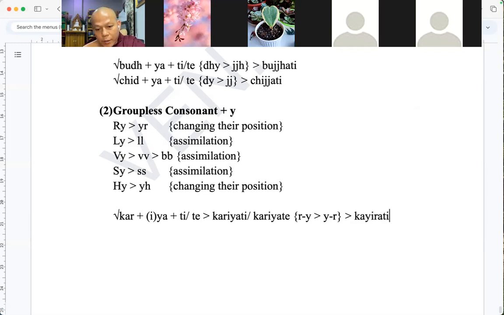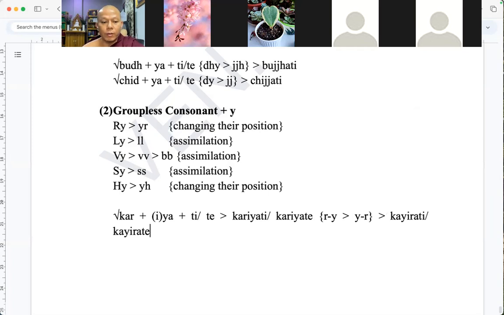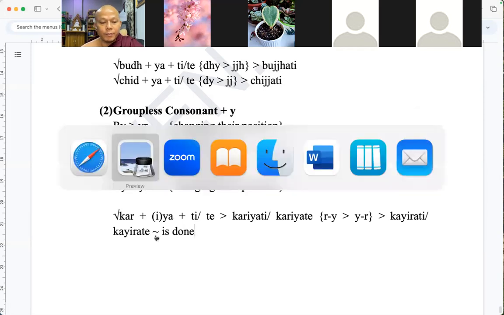So kayirati. Now the e insertion is not e in this way. That means it is done.